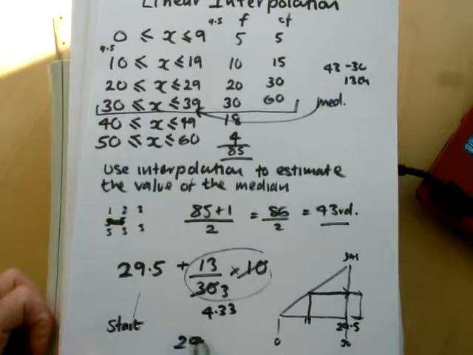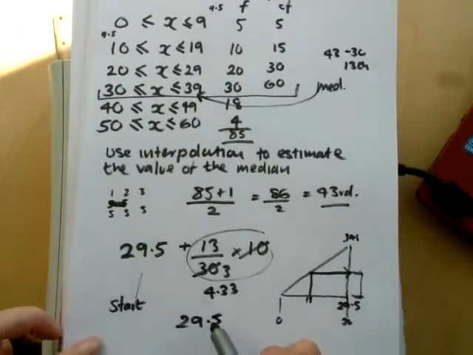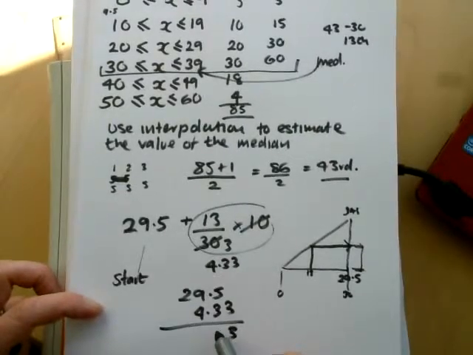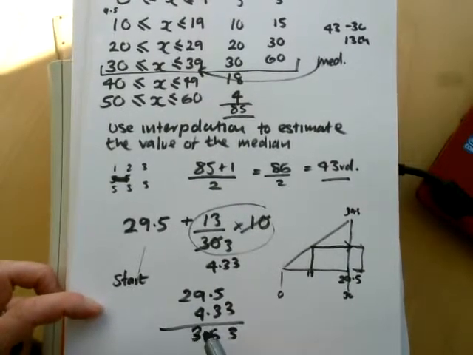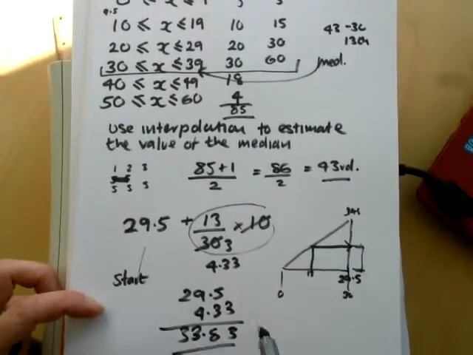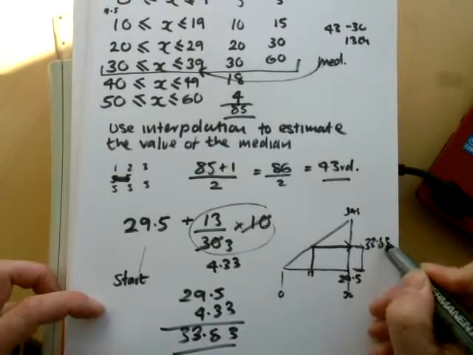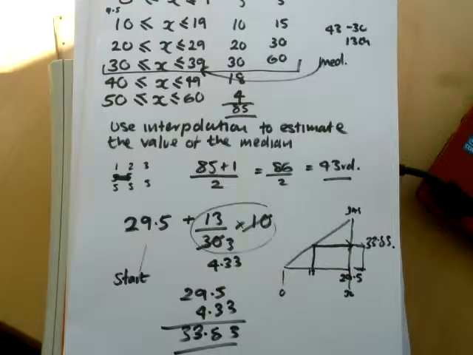So it's 29.5 plus 4.33, so the answer is 33.83. And that is the linear interpolation method used to calculate the median value.